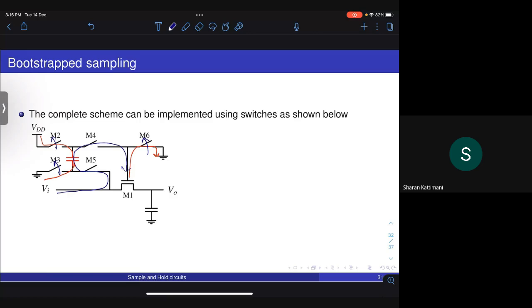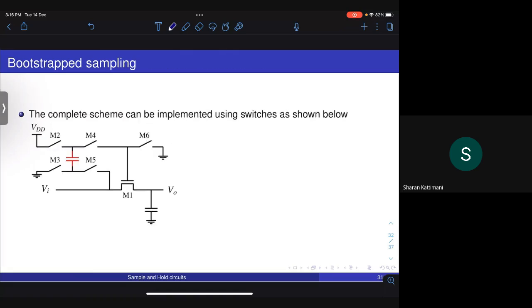So during sampling, when the switch is off, the capacitor is pre-charged to VDD, and when the switch is on, the input gets connected through M5, M4, and the capacitor to generate a voltage here, which is Vin plus VDD. Fine. So this scheme will basically give you a constant VGS and a gate voltage of Vin plus VDD for the sampling transistor.